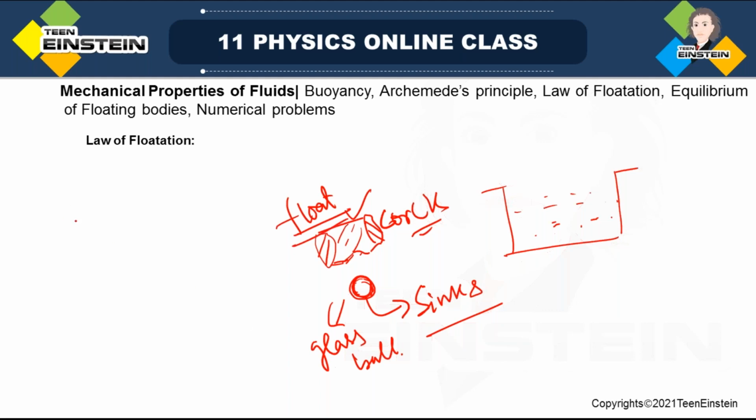Why is it so? Look, whether some object will sink or float depends on two things. One is the weight of the object, another one is the upthrust or the amount of buoyancy force.